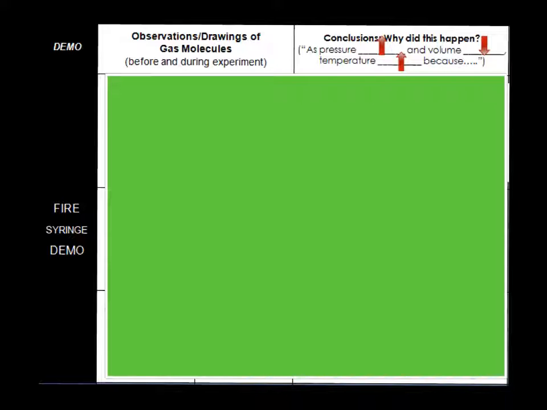All right, welcome back. Now, during the fire syringe demonstration, we saw that the cotton ball actually lights on fire a little bit. Now, this isn't because we had special tricks like flint or anything like that in the bottom of this container. What's happening here is that by decreasing the volume, we're increasing the pressure so much that the temperature also increases greatly, which lights the cotton ball on fire.